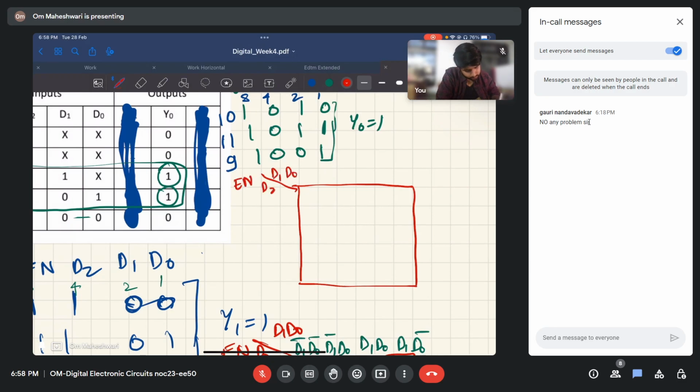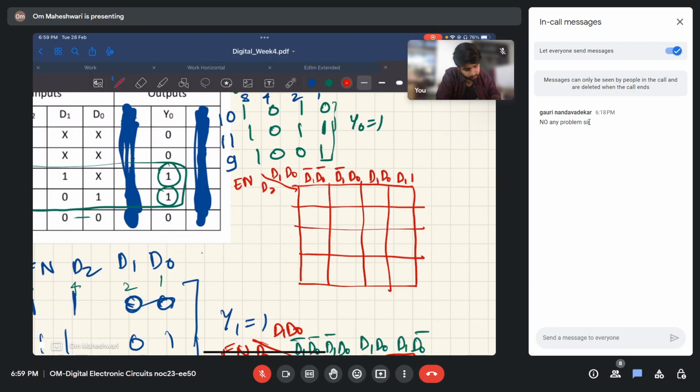D1 D0: D1 bar D0 bar, D1 bar D0, D1 D0, D1 D0 bar.